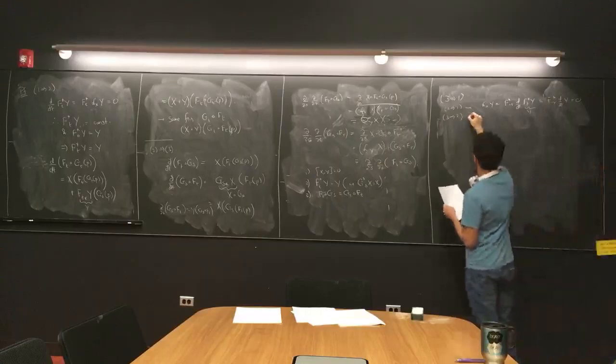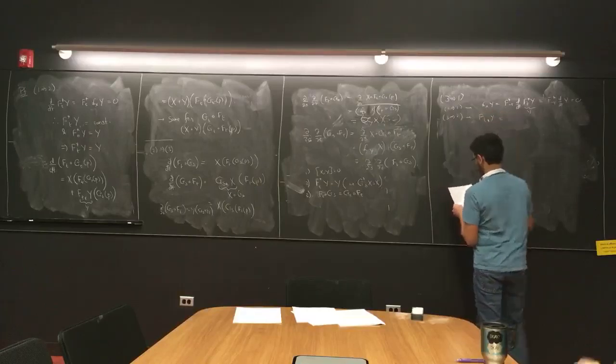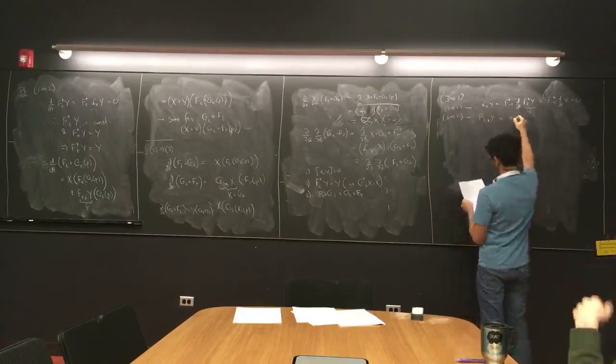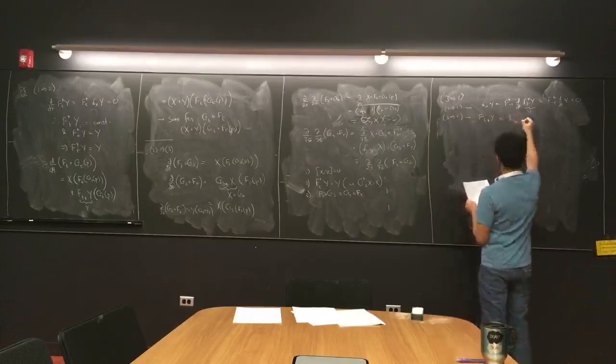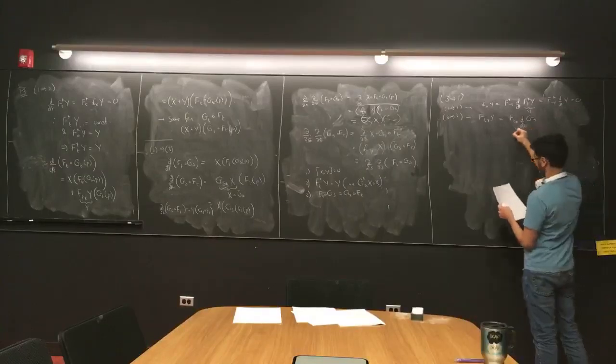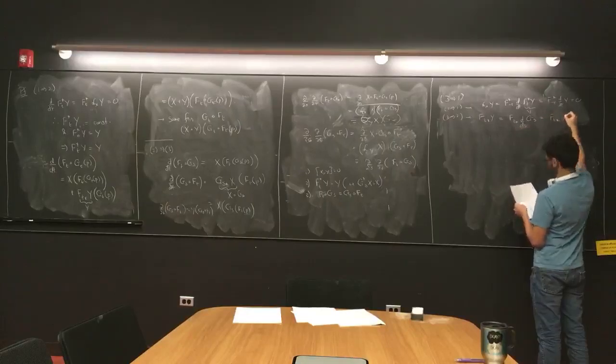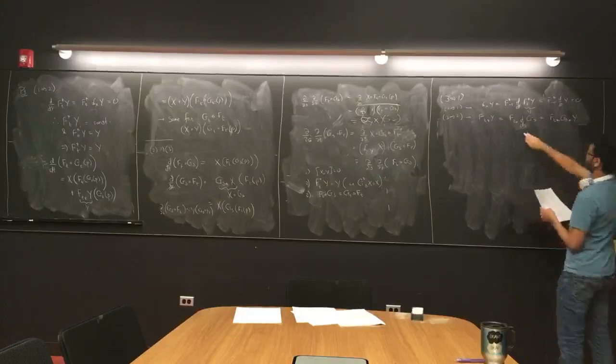For 3 implies 2, f t star of y is, since y is nothing but the derivative of its own flow, d by ds of gs, which is ft star gs star of y. Actually, you don't even need this middle step.